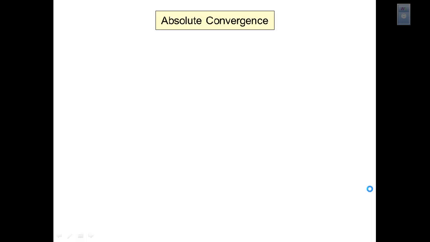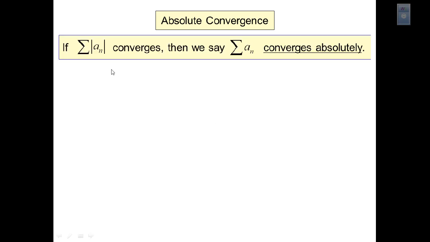All right, now let's talk about absolute convergence. If the sigma notation, or the sum of the absolute value of a sub n converges, then we say that sigma of a sub n converges absolutely.